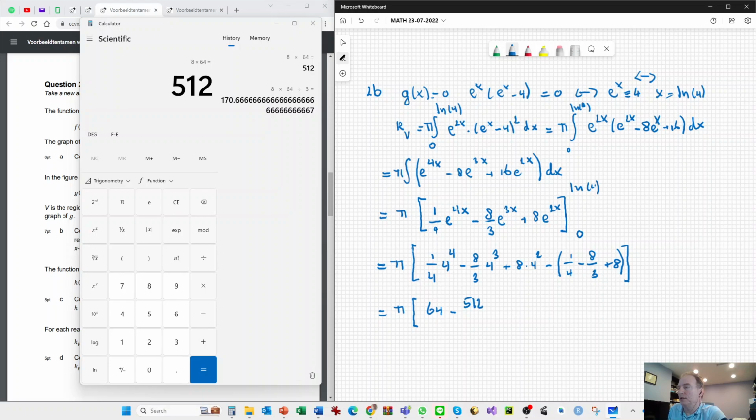Oh, the lag is really terrible. Sorry, I have to write really slow. And here I get a plus 8 times 16 is 80 plus 48 is 128. And minus a lousy quarter plus 8 over 3, and then another minus 8.